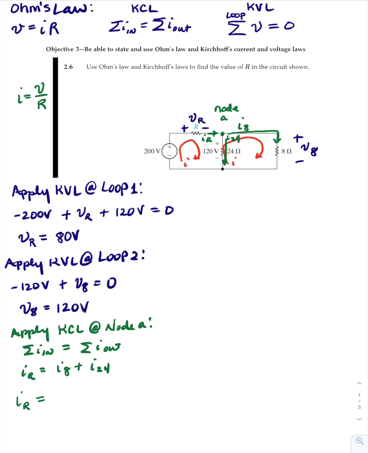And we know the voltage at each of these resistors, so I sub 8, the voltage is 120 volts, and the resistance is 8 ohms, plus 120 volts, and the resistance is 24 ohms, so I sub R is equal to, let me find my calculator here.